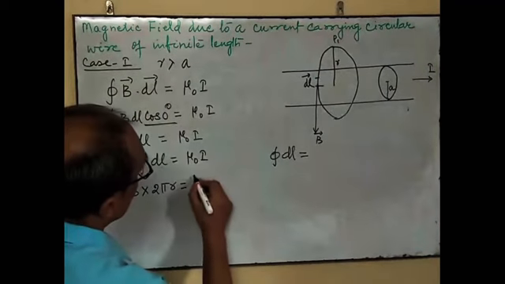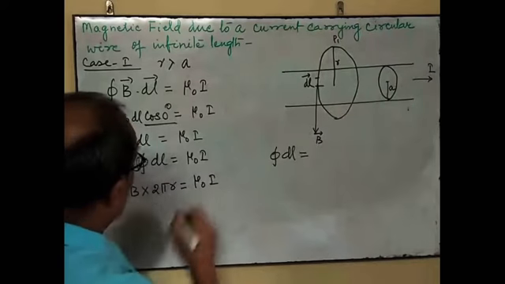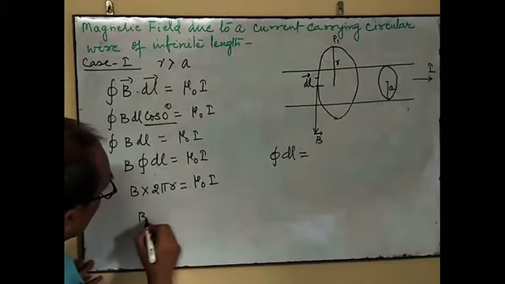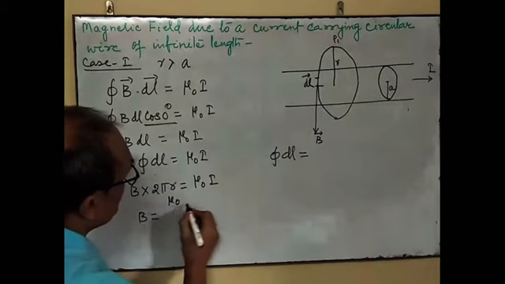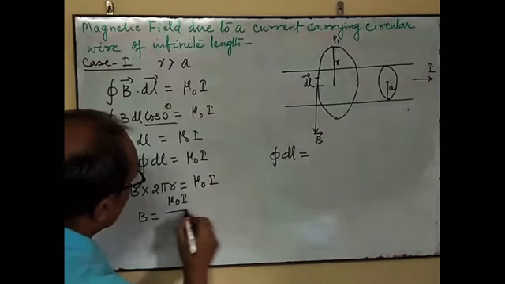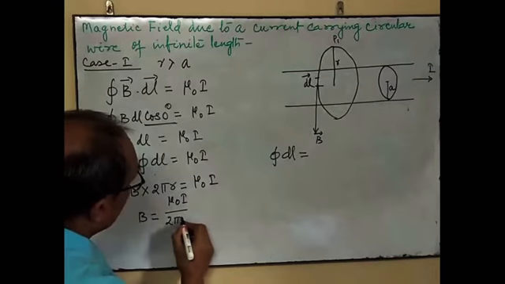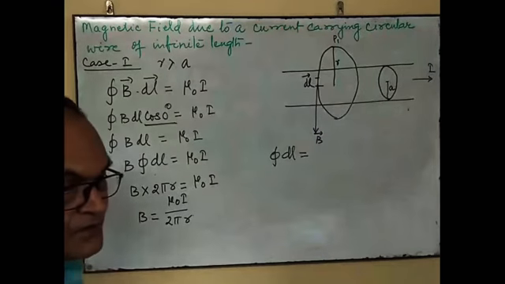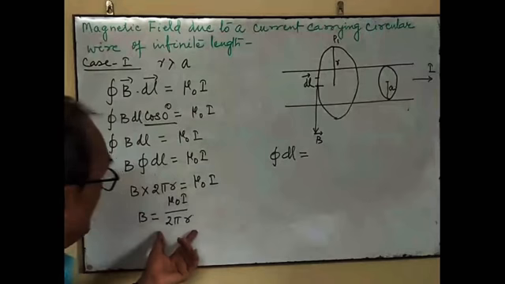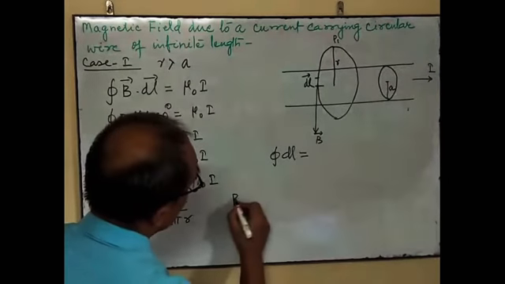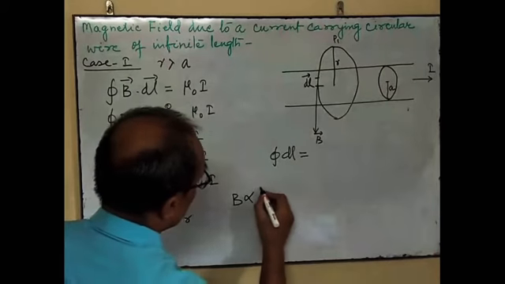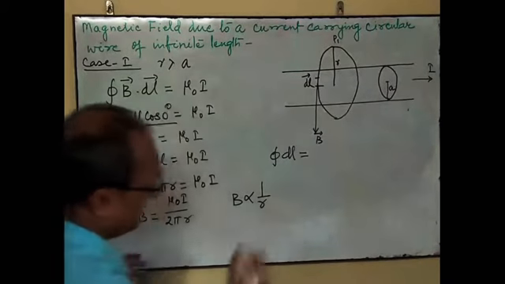This equals mu naught I. Then B equals mu naught I by 2 pi r. This is the magnetic field, and from here we can say B is inversely proportional to r.